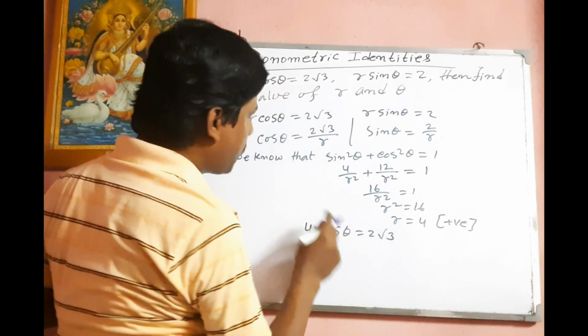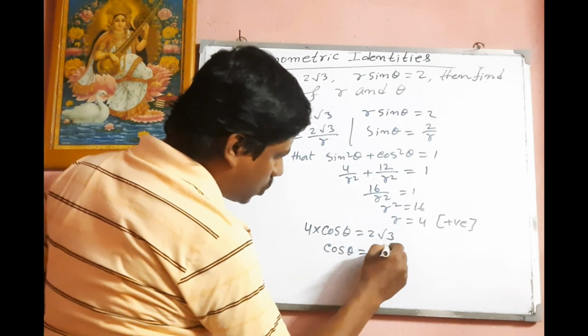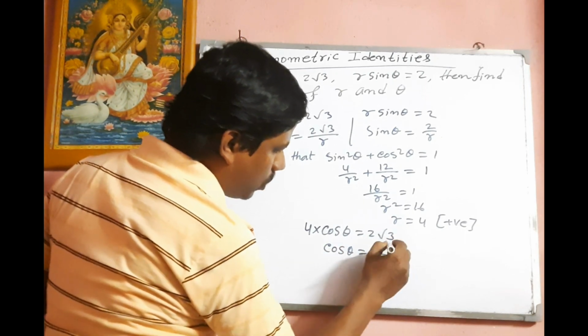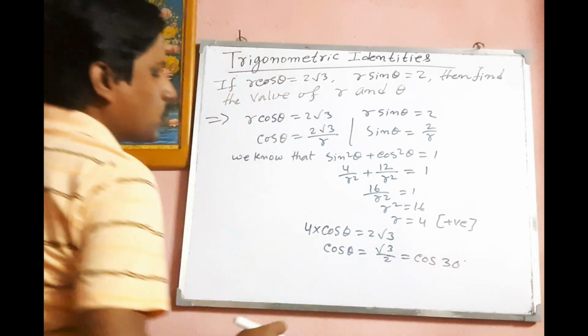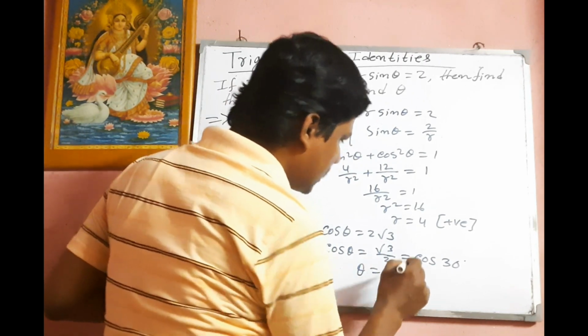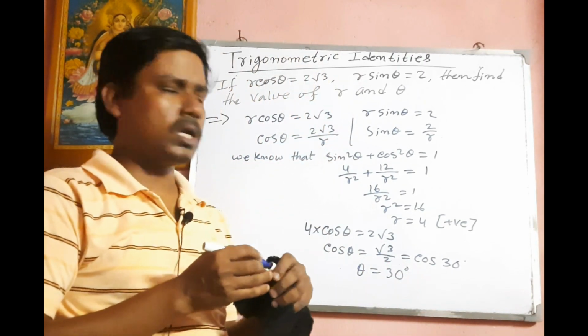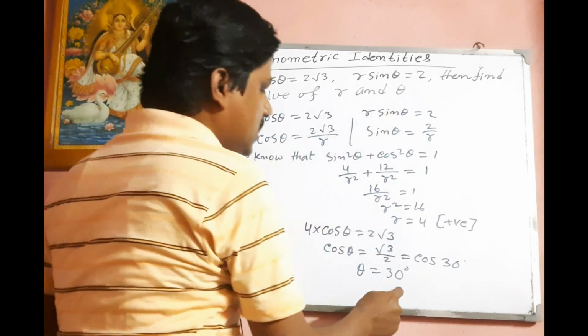We use this equation and put the value of r. Then we get cos theta is equal to √3 by 2, and we know that the standard value of cos 30 is equal to root 3 by 2. So theta is equal to 30 degrees. So the value of r is equal to 4 and the value of theta is equal to 30.